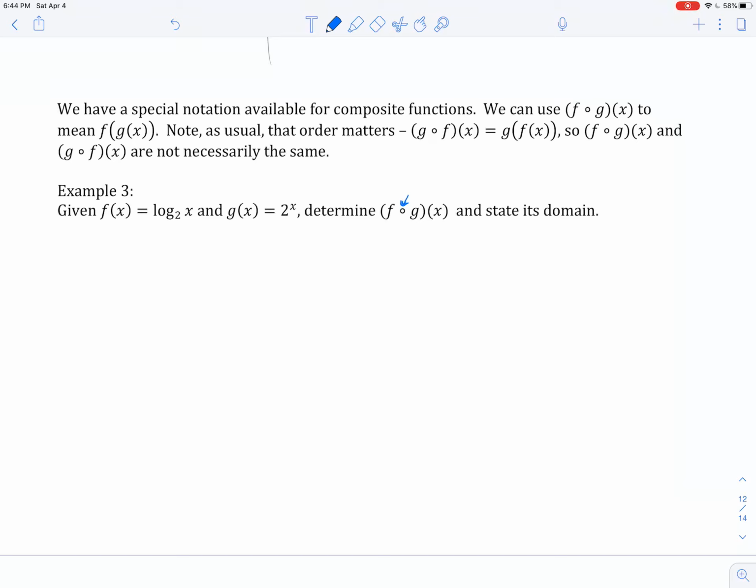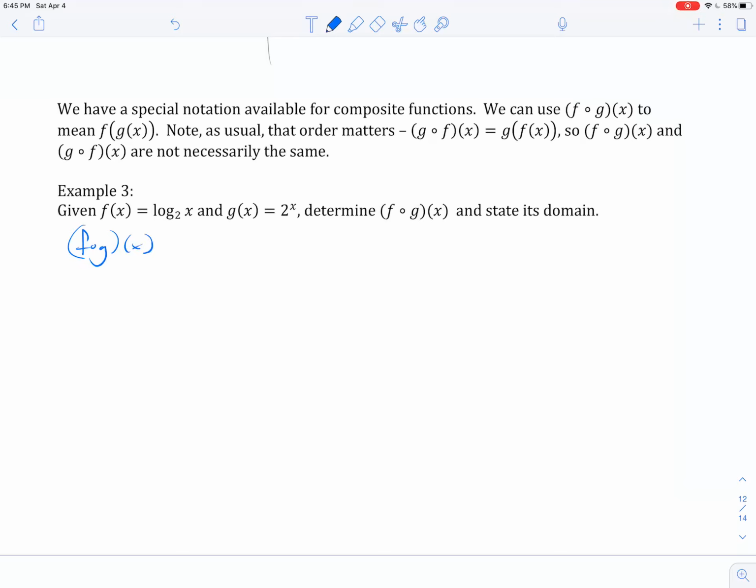We'll pretend this little o means of. Anyways, f of g of x is what that says. That's what we're finding.